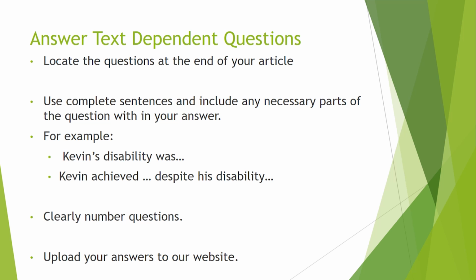For example, Kevin's disability was blank. Kevin achieved blank despite his disability blank. Once you're finished writing out your answers to these questions, please upload your answers to our website.